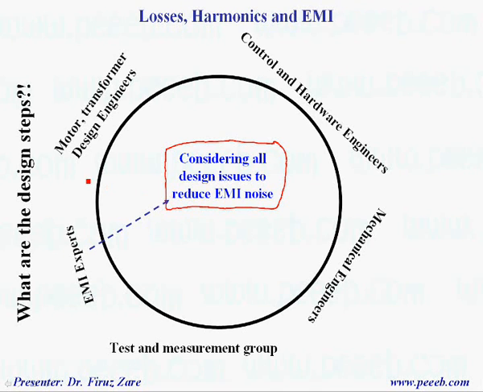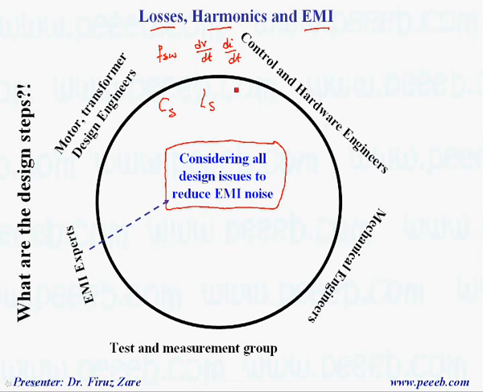So it's quite important to communicate with each other and then to consider these three factors: losses, harmonics, EMI, because some of the factors which can affect them are switching losses, switching speed, which creates dv/dt and di/dt, and also stray components such as stray capacitor or stray inductor.